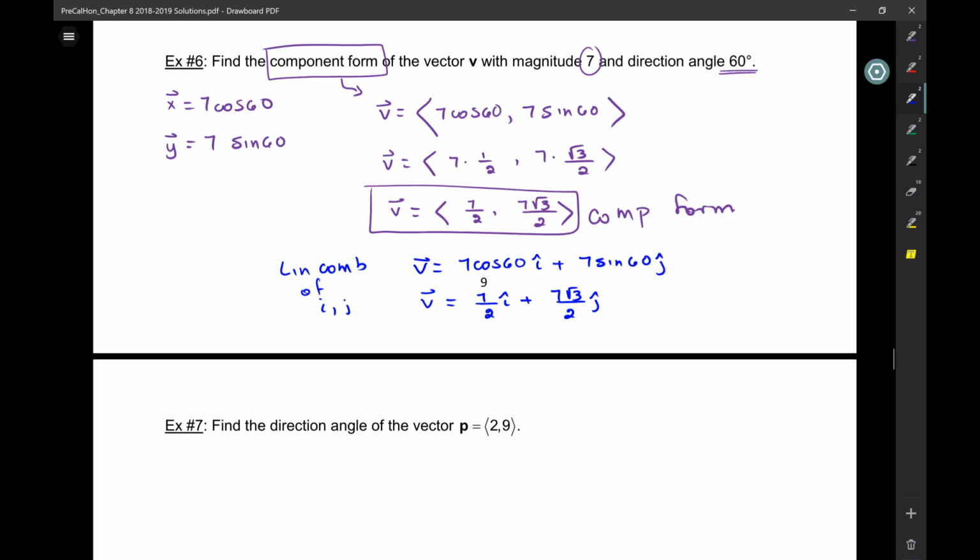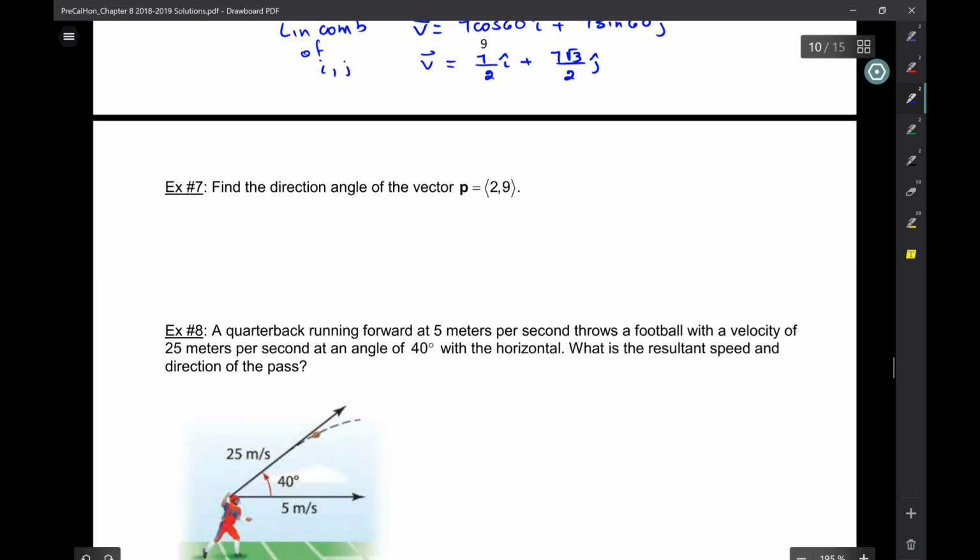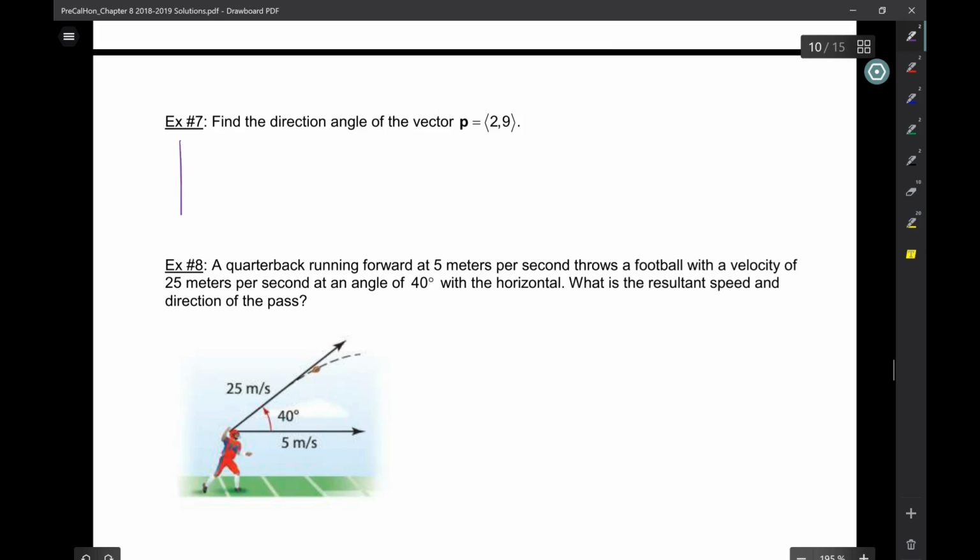Now, how do you find the direction angle of vector P? Let's draw vector P. Vector P goes 2 in the x direction and 9 in the y direction. So what does vector P look like?